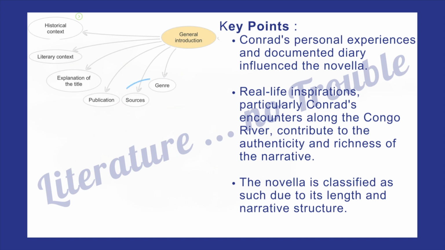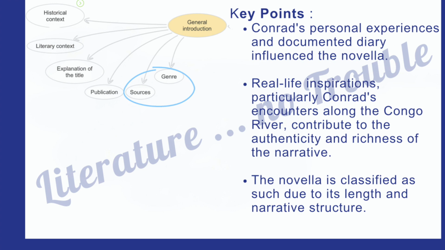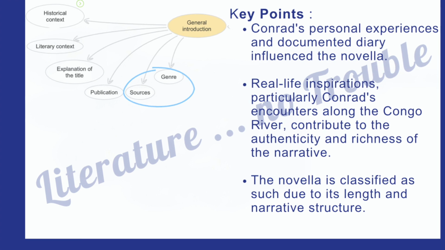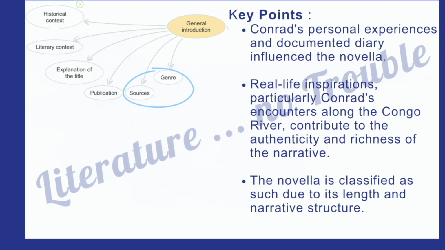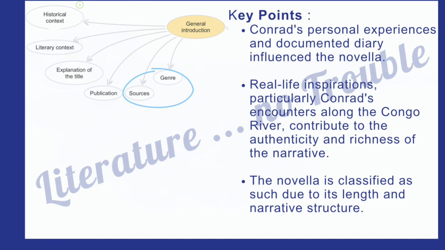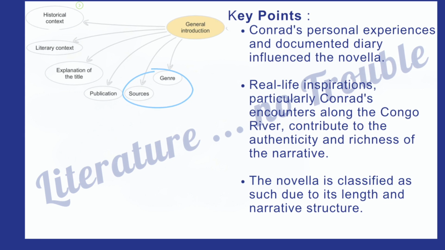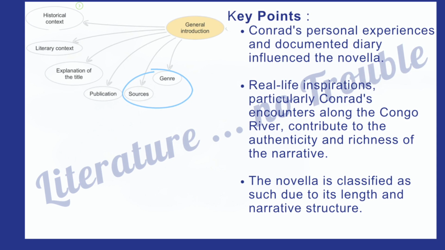These real life experiences are included in Heart of Darkness and helped Conrad tell a story about Belgian colonization of the Congo and the problems with imperialism. Characters like Kurtz in the story are based on real people Conrad met during his trip.